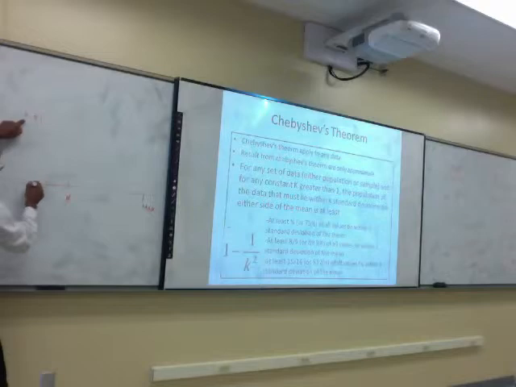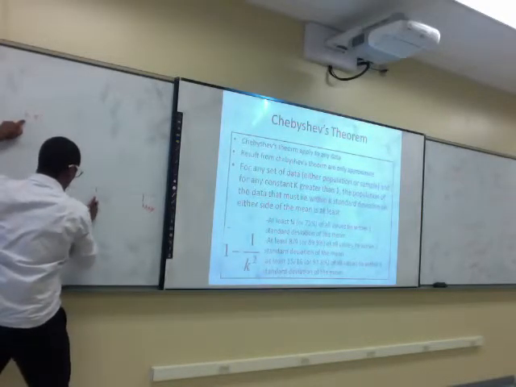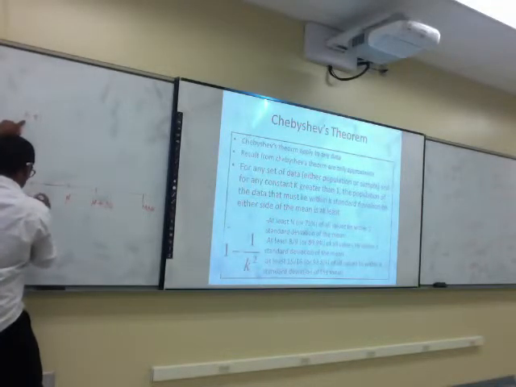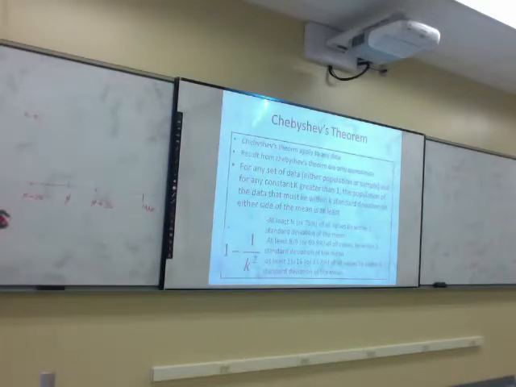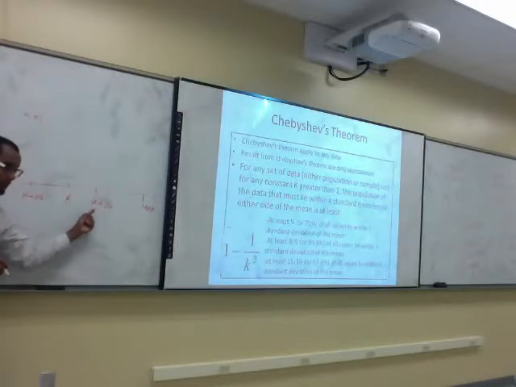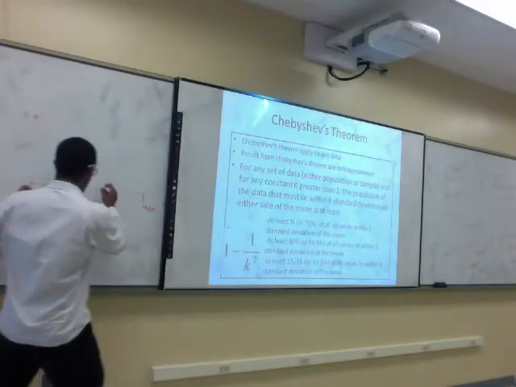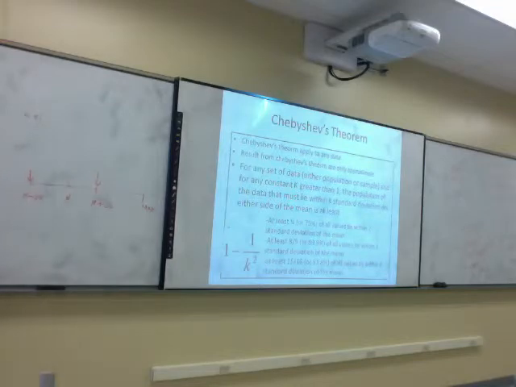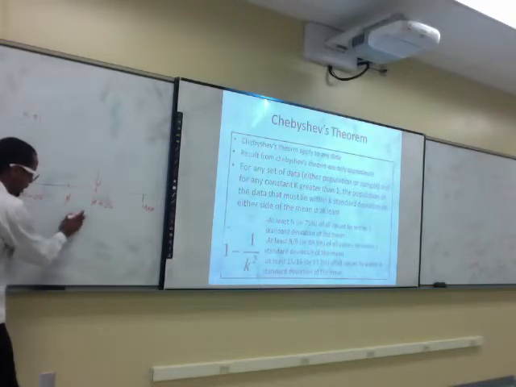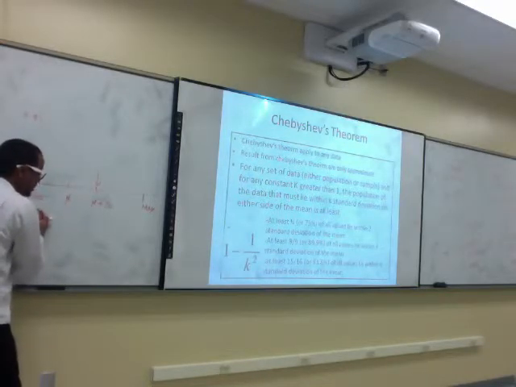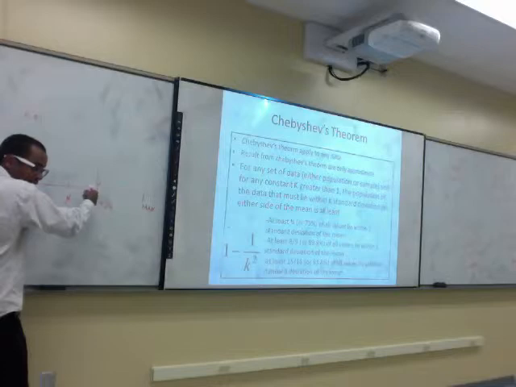So this says that 2 standard deviations away from the mean on either side will give you 75% of your data within this range. Even if the distribution happens to be a U distribution, 75% of your data will be within 2 standard deviations.